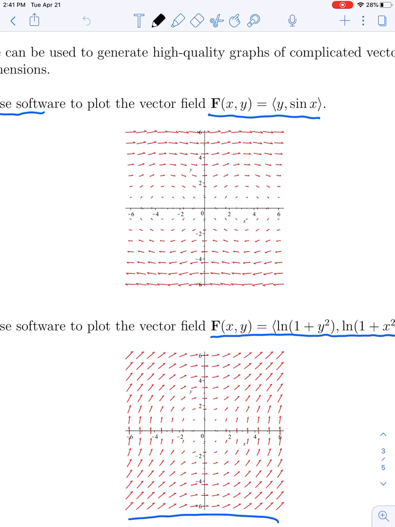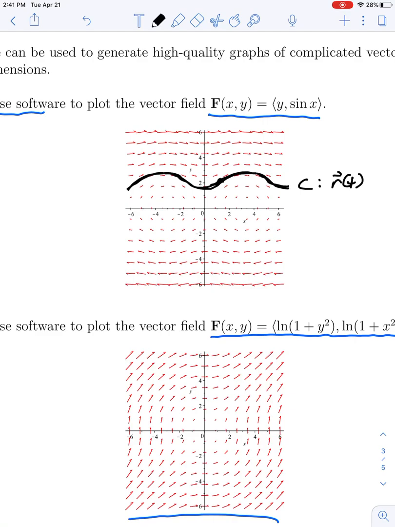And we have some curve in the xy plane. We'll call this curve C, which is described as the graph of some vector function.